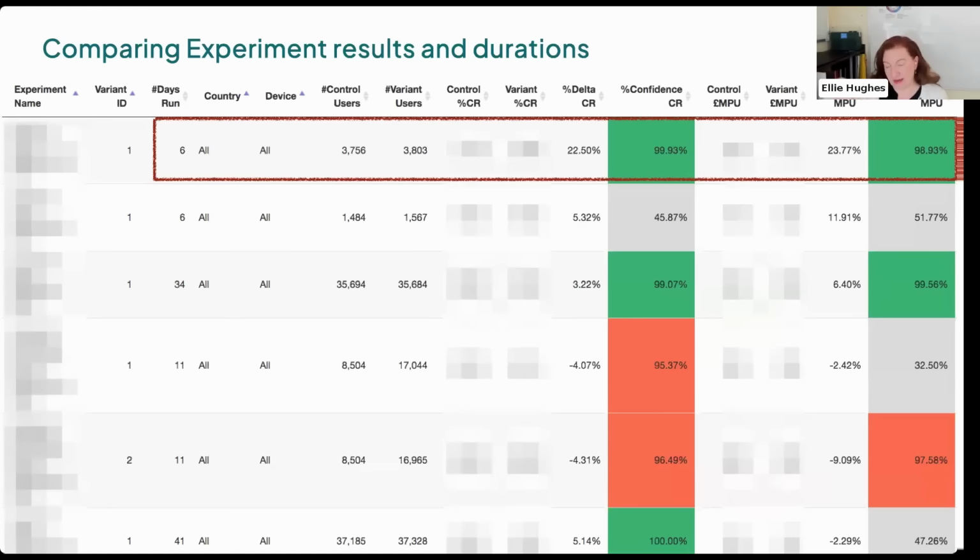If it's wiggly all over the place, then it's a non-significant result. It may be that one day of this week it was over 90%, and then the next day it went down to like 50%, then back up to 90, and then down to 50. That means it's a non-significant result. But if it takes a curve and goes over 90 and stays over 90, then you know it's a statistically significant result because it's staying above that 90. So that's another way that you can look at it.